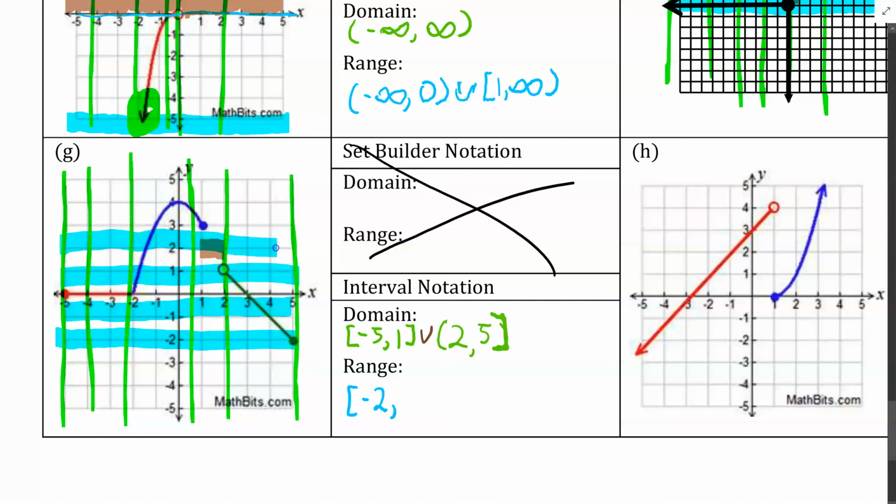And it keeps on touching the graph until it gets to that top horizontal line. So in this case, even though it looks like there's a gap, the gap is only relevant for the domain part. It's not relevant for the range part. So the graph goes up to 4, and then we close it off there.